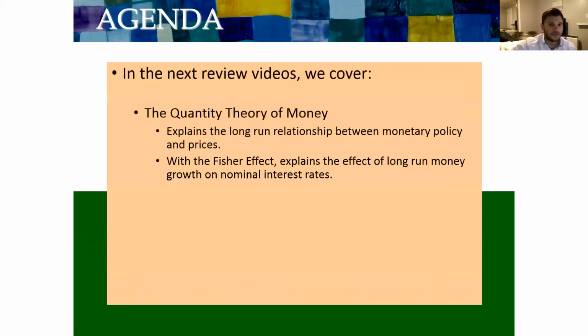With the Fisher effect, this theory is able to explain the effects of long-run money growth on nominal interest rates. To juxtapose that to the last model of loanable funds that we looked at, which determined the real interest rate. And the quantity theory of money also explains the long-run inflation rate.